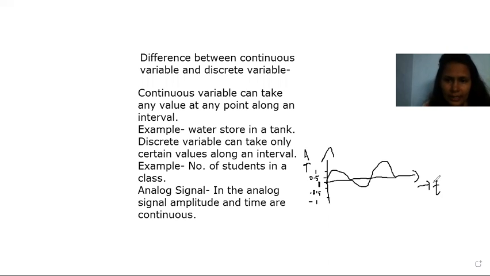So in the analog signal, amplitude and time are continuous. It can take 1, 1.5, 0.9, 3.9. It means in the analog signal, the value of the signal is defined every instant of time.